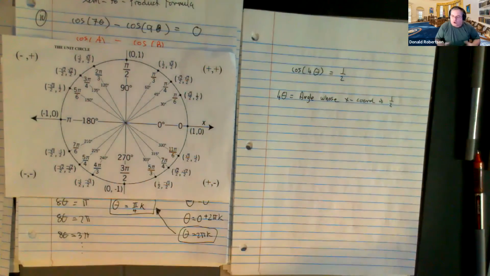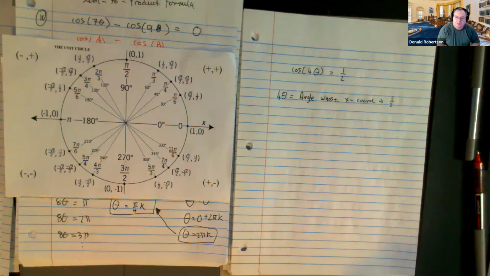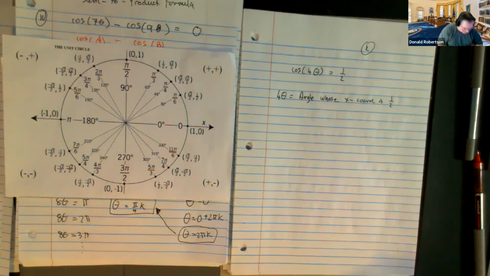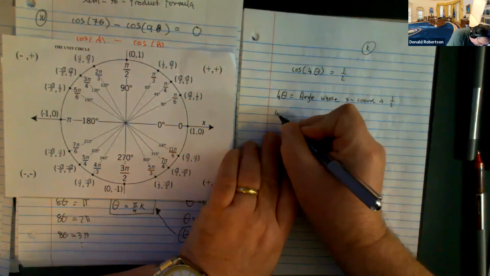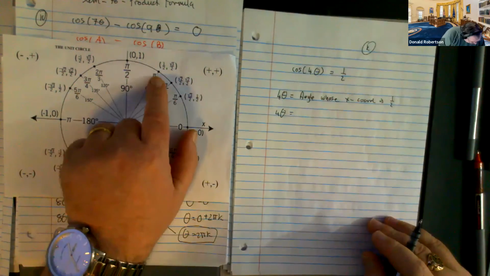And I want all the answers in the universe here, not the first 6 or 8, whatever they asked me, not all the answers between 0 and 2 pi, I could do that as well, but I want all the answers. And whenever you've got all the answers, that k thing is going to appear in your answer. So I go hunting and I find an x coordinate of a half and I get pi upon 3.